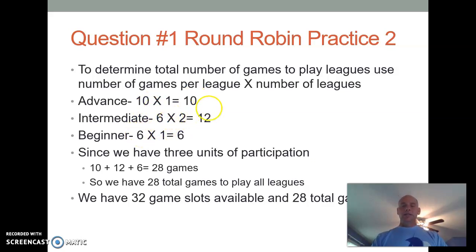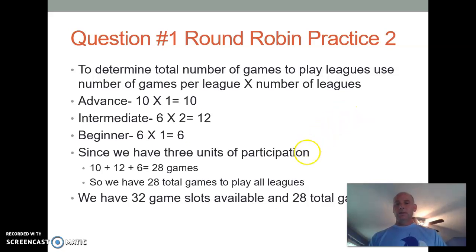There's going to be 2 intermediate leagues, so that's 12, and then only 1 beginner league, so it comes out to 6. We add up those 3 units, like we said, and we have 28. So we have 32 available slots, and we're going to have 28 total games. We know that we're basically going to have 4 wasted games, right? We're going to have 4 times the field sitting empty because nobody is playing on them. Okay, that's about the best we can do.